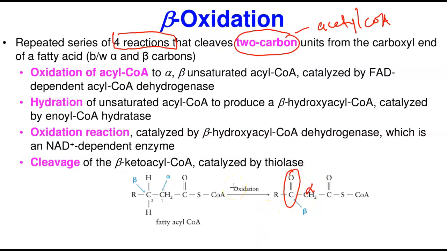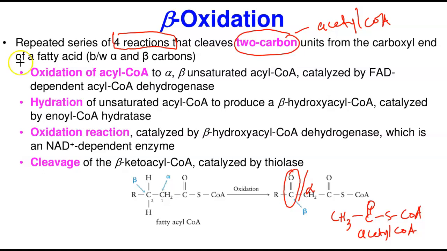The enzyme which we call thiolase, the last enzyme, will now break this from here. If you break this from here, what are you going to form? You're going to form CH3C-SCoA. This is acetyl-CoA. That is the ultimate goal. And these reactions keep going themselves. So there are 4 reactions here.